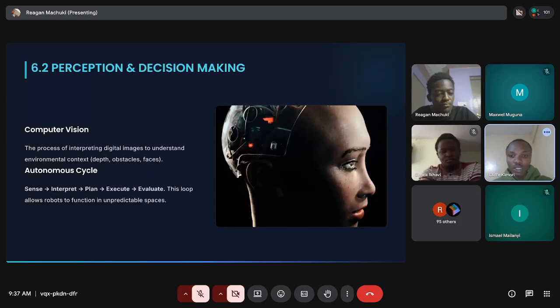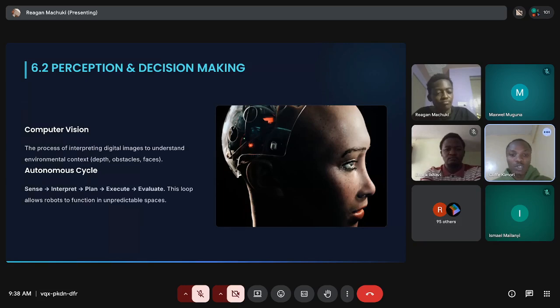Then it analyzes patterns in the data and finally makes decisions based on the interpretation. Computer vision plays a critical role in applications such as autonomous navigation, industrial quality inspection, medical robotics, and object manipulation. For example, an AI-based computer vision system can detect and count vehicles in real time by using image recognition and object tracking algorithms.